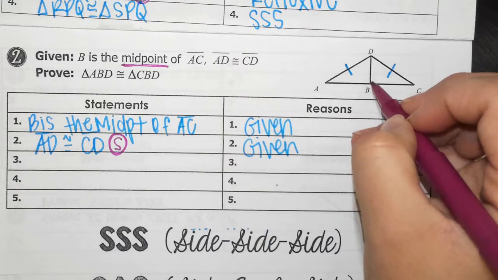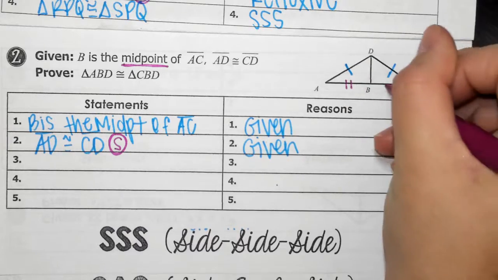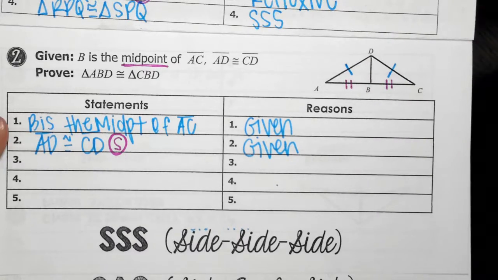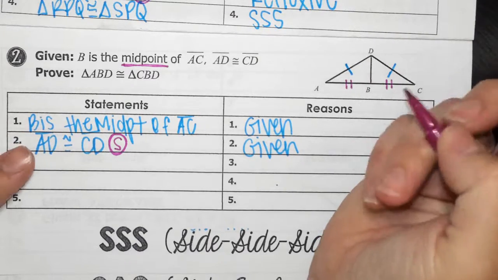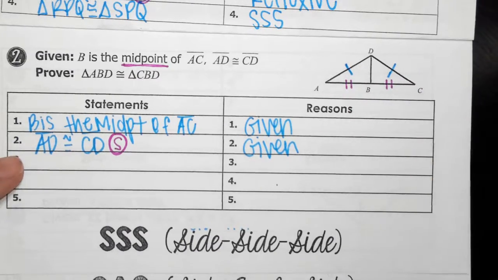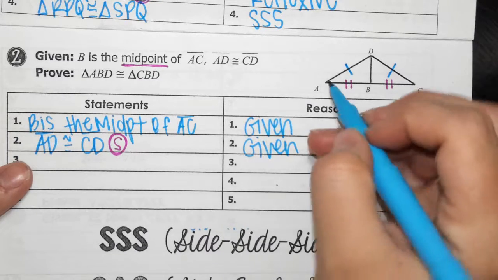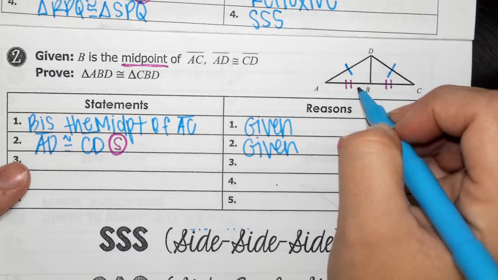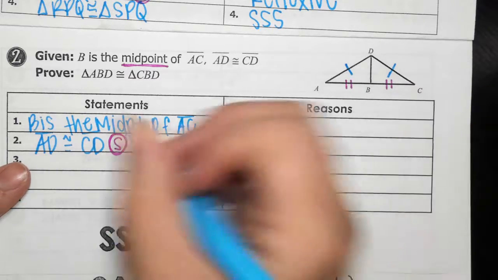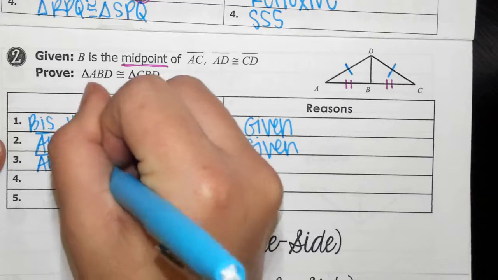So if B is right in the middle of AC, then that means this is congruent to this. So how would I write that? Peyton, tell me how would I write this is congruent to this? Careful. Yeah, AB is congruent to CB. Okay, good. So AB is congruent to CB.